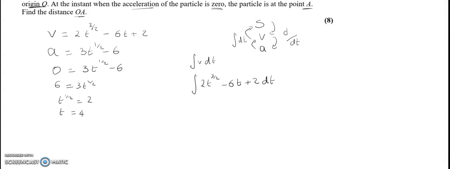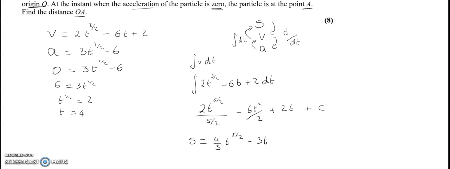And when I do that, I get 2t to the power 5 over 2 divided by 5 over 2 minus 6t squared divided by 2 plus 2t plus c. Okay. So clean that up, and I get my displacement as 4 over 5 t to the power 5 over 2 minus 3t squared plus 2t plus c.